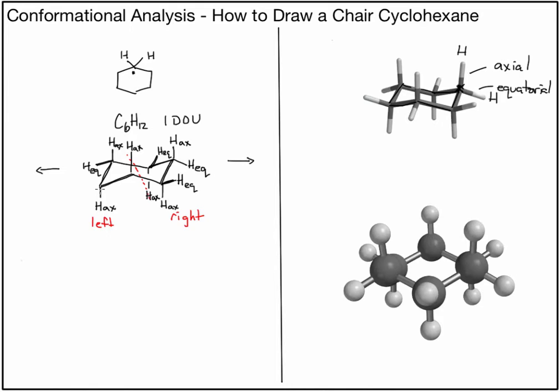So what about this equatorial hydrogen? Well, it's going to be parallel to this bond here. So it has to point to the left, and it's going to be parallel to that bond. And then finally, the remaining equatorial hydrogen, it has to point left, and it's going to be parallel to this bond.